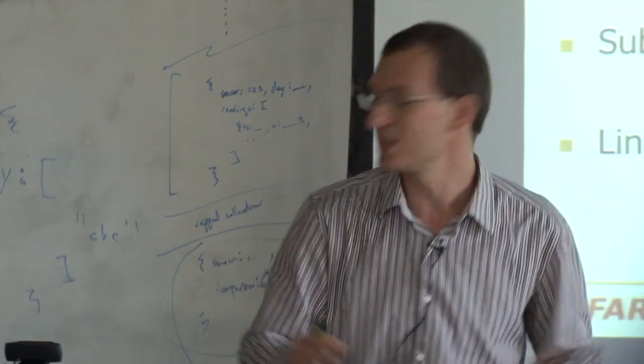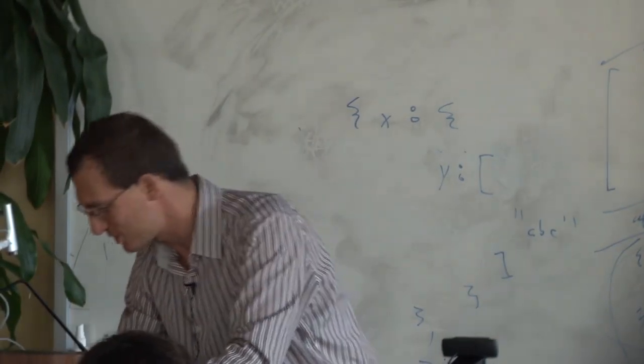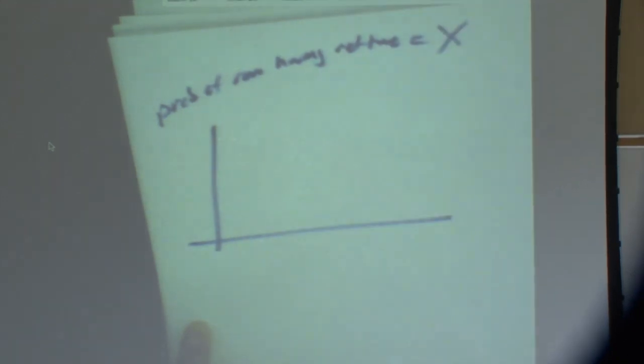Actually, most rows in DRAM, let's see, maybe I'll try to draw something here, hoping that I don't destroy the entire setup that we have here. Most rows in DRAM, if you look at the retention time distribution, this is the probability of a row having retention time equals x, and this is x over here.